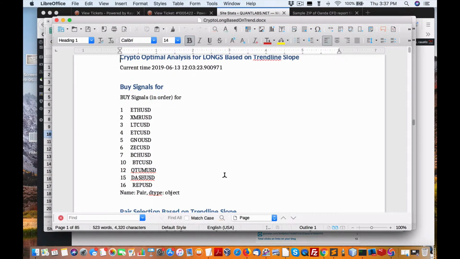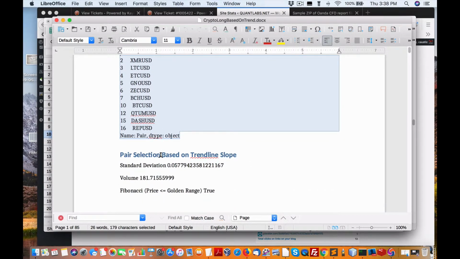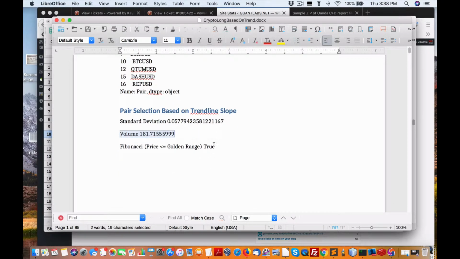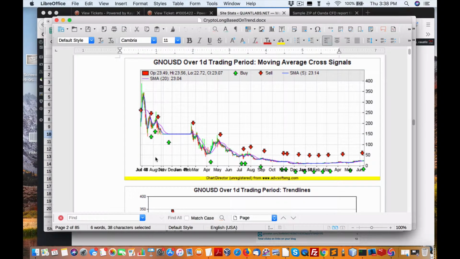So here we have how many pairs. Usually I like to focus usually on the top two, nothing more beyond that. Again, standard deviation, group for this entire set here. The volume, same thing. And we can go in and start looking at these individually.